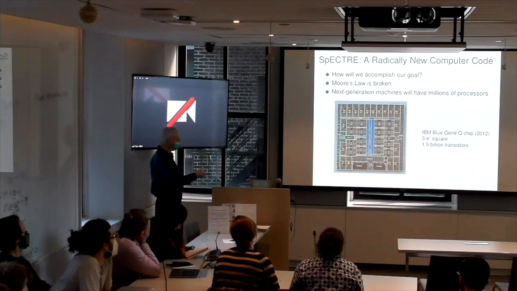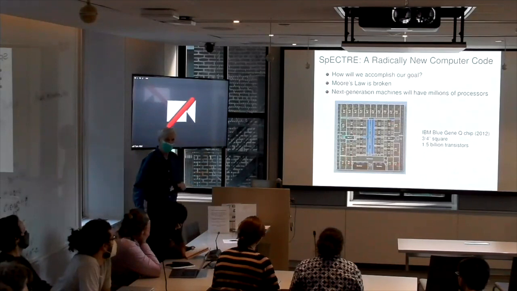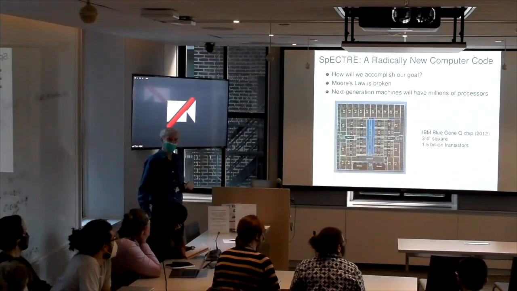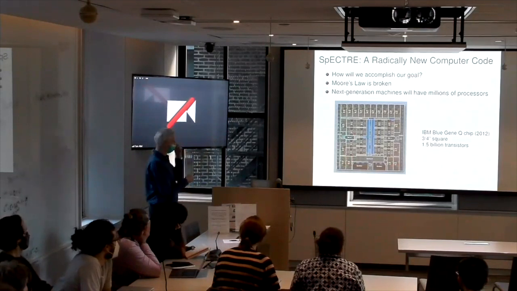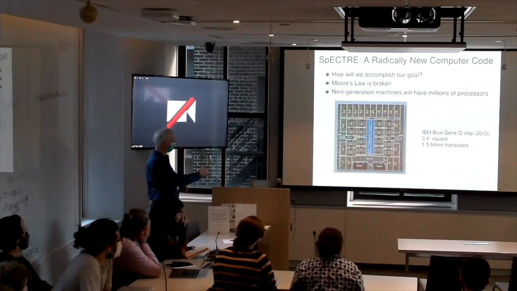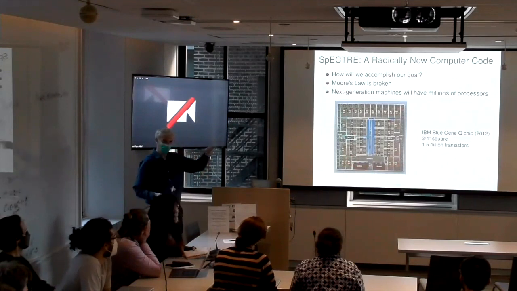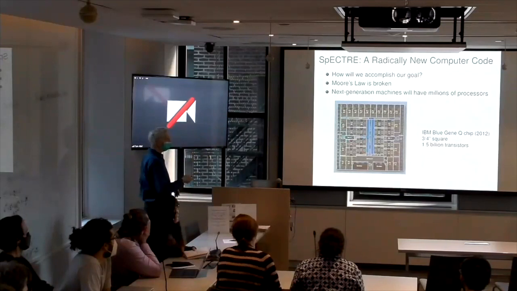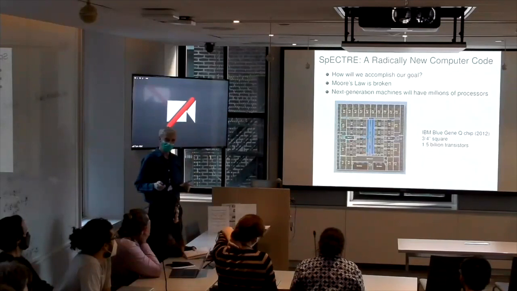Does anybody know why there's an extra processor? Failure. Yes, failure mode. So they generate these chips by the thousands, and not all of them are perfect.